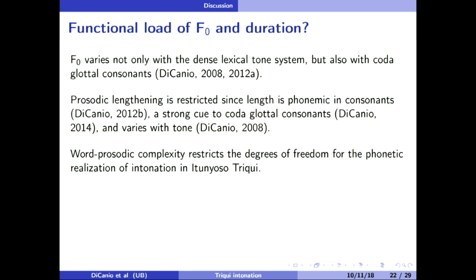As for prosodic lengthening, you might say there's not much lengthening there. It actually is a strong cue to the coda contrast, and it's also phonemic and consonantal, so there's a limit, maybe, to how much you can lengthen, even if you want to. I think that the word's prosodic complexity restricts the degrees of freedom for the phonetic realization of intonation.